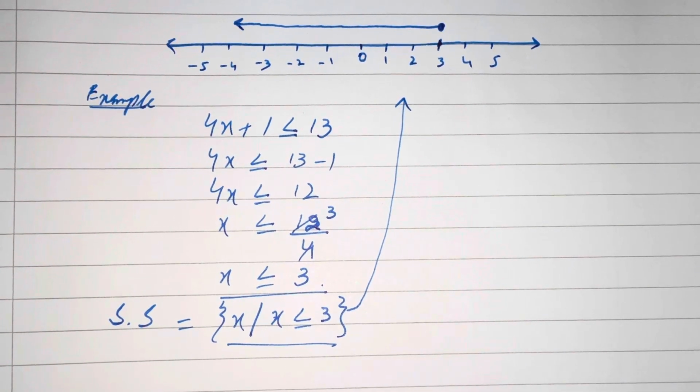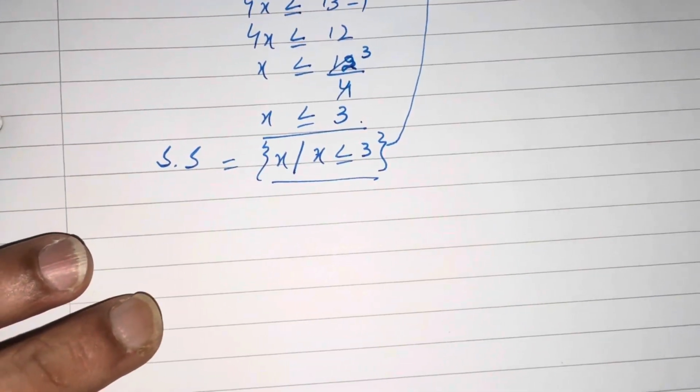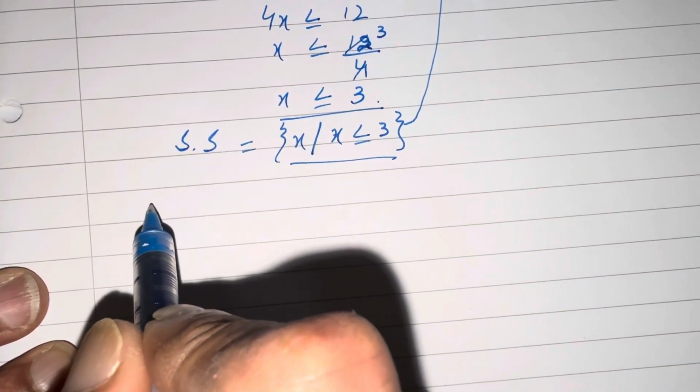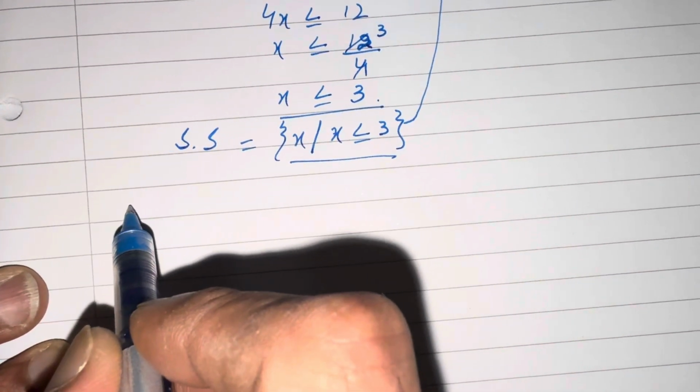As I have told you, a number line is a straight line. I'm going to write down some information about the number line.